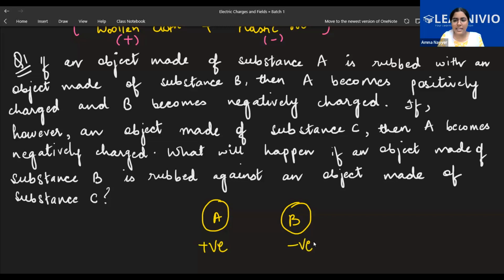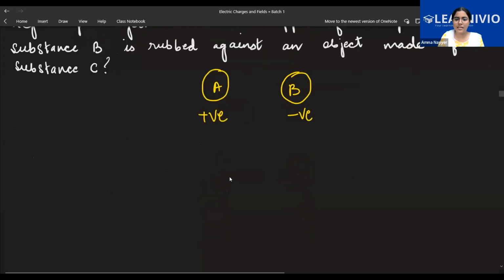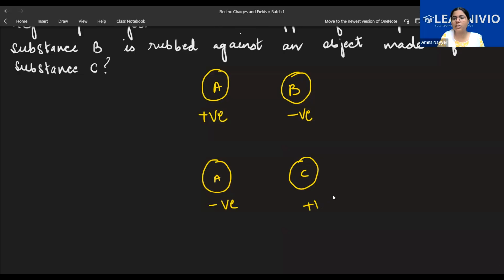However, if an object made of substance C is rubbed with A, then A becomes negatively charged. So obviously C will become positively charged.